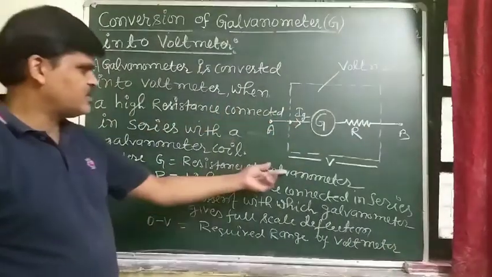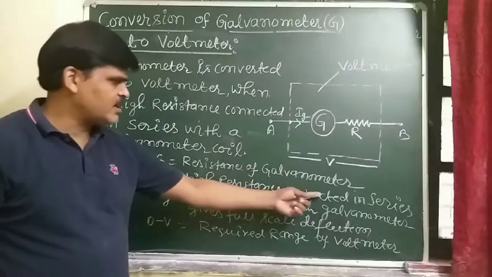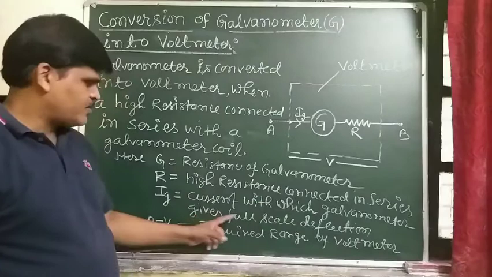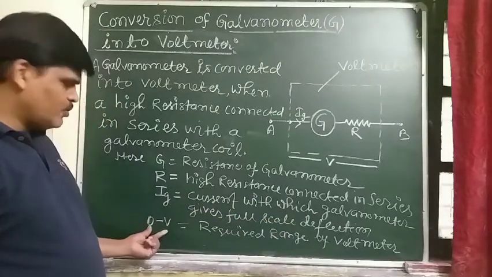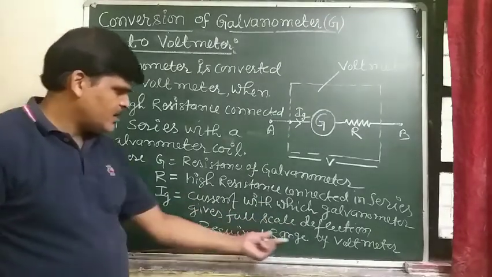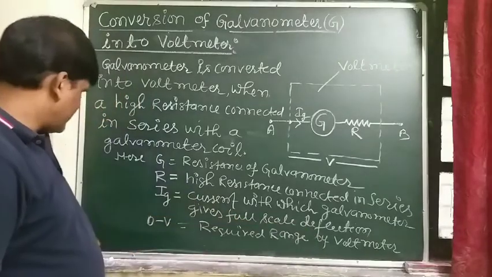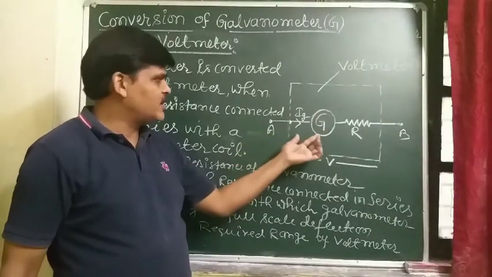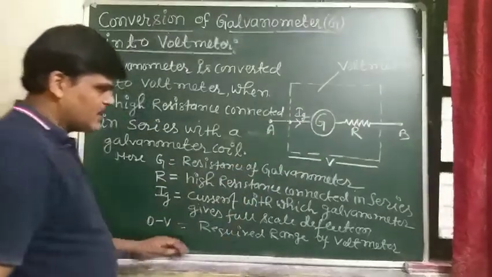So G is the resistance of the galvanometer, R is the high resistance connected in series, Ig is the current with which the galvanometer gives full scale deflection, 0 to V is the required range of the voltmeter, and the circuit diagram of this voltmeter is shown in the diagram.